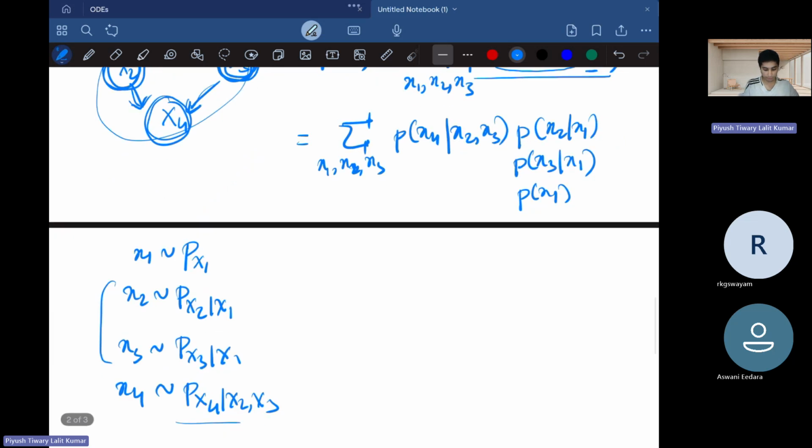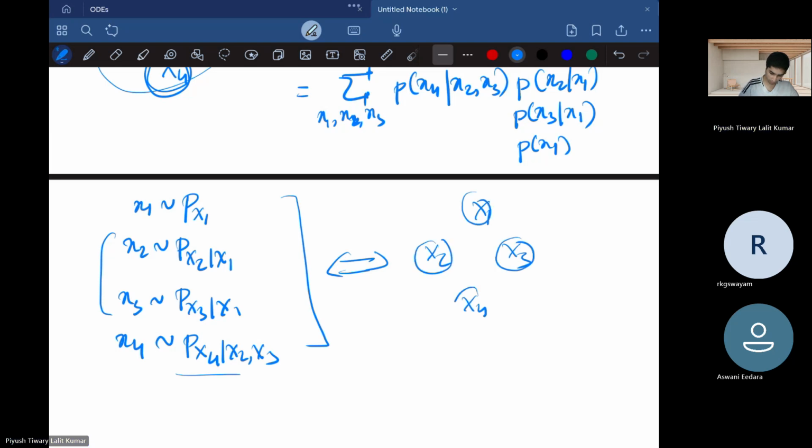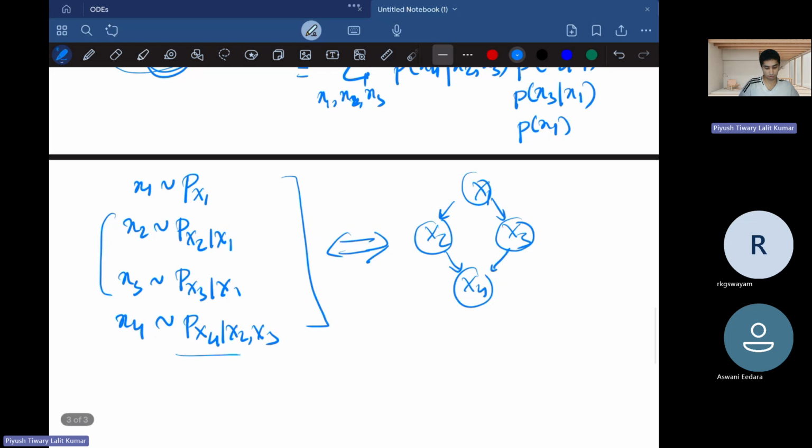So this is a generative view of PGM. This thing corresponds to basically your graph. So you have x2, you have x3, you have x4. This is the generative view of your PGM. What we mean by the generative view is that the quantity of interest for us is just x4.